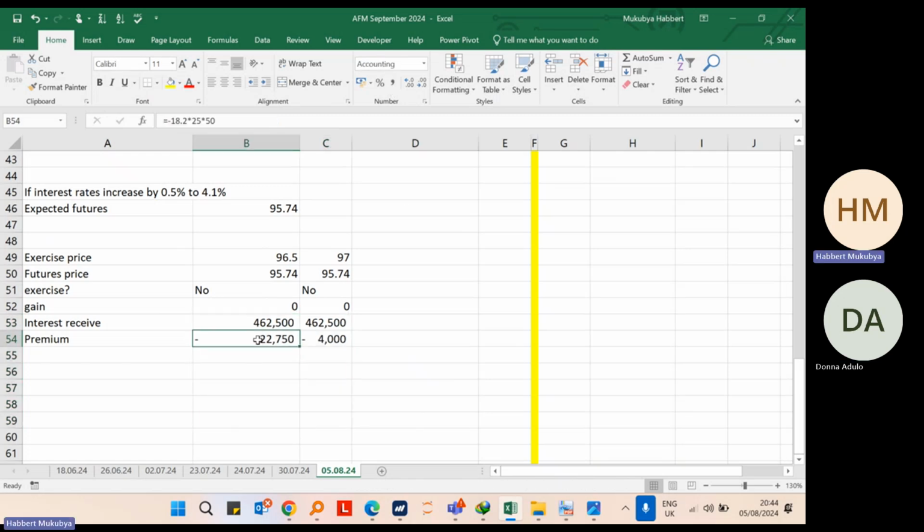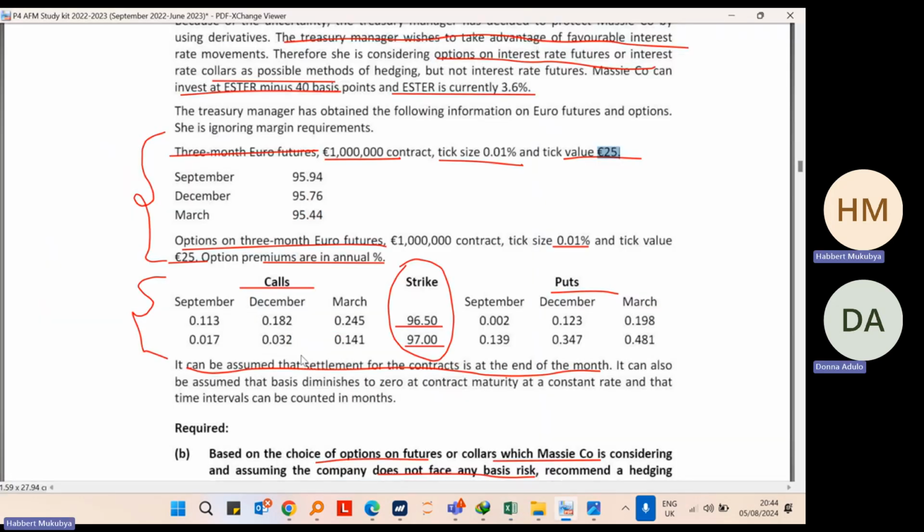Oh, okay. On the premium? The second one, how you got the 4,000? We have here 0.032. Oh. Okay. Yeah, which becomes 3.2 because this is 0.032%.